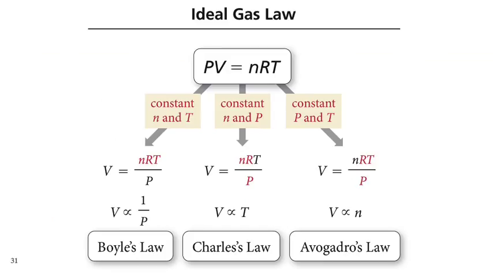If you are interested in how all of these get incorporated into the ideal gas law, I would love to talk to you about it, but I'm not going to do it in lecture. The one thing I do want to show you is how to get any gas law you need out of the ideal gas law. So the ideal gas law is PV equals nRT.